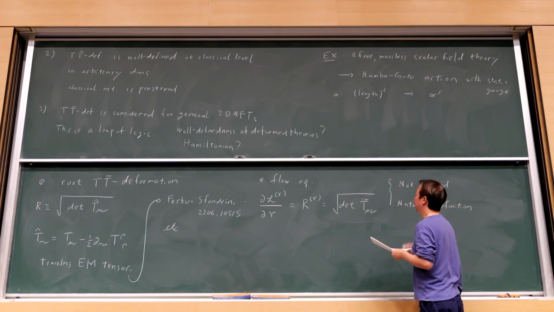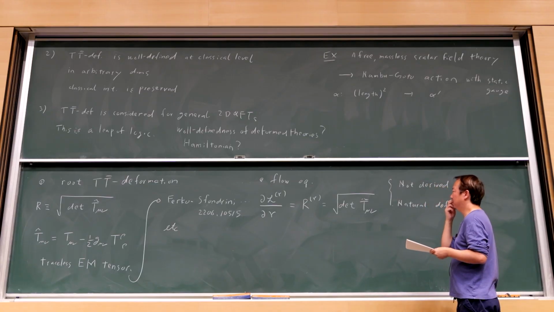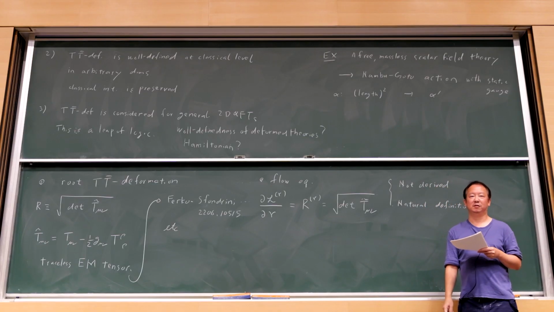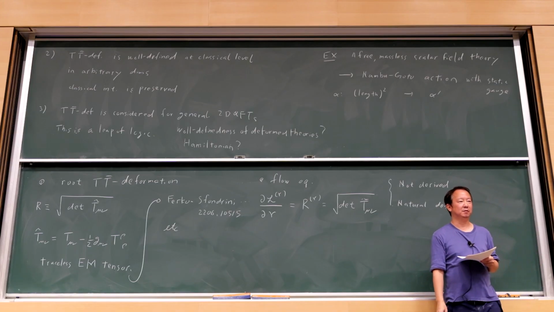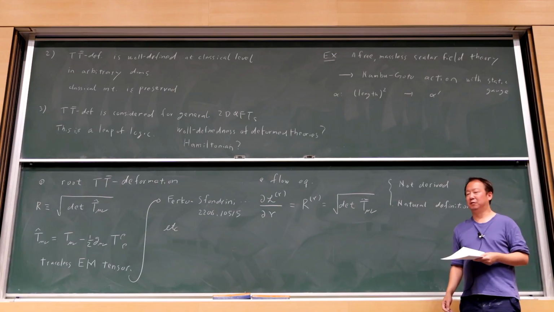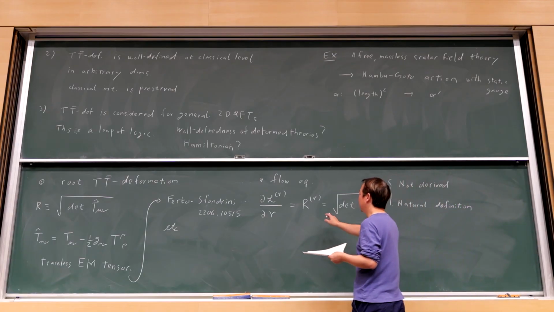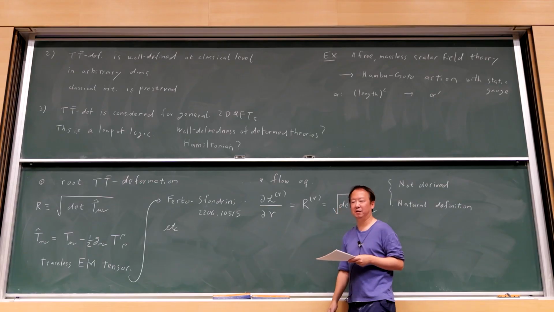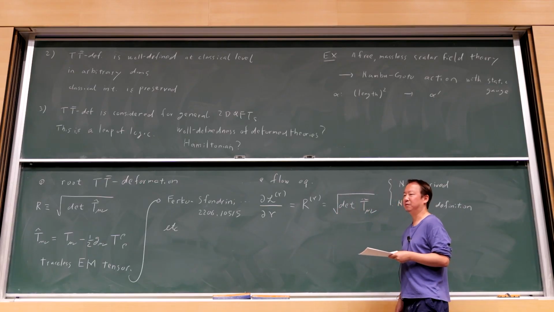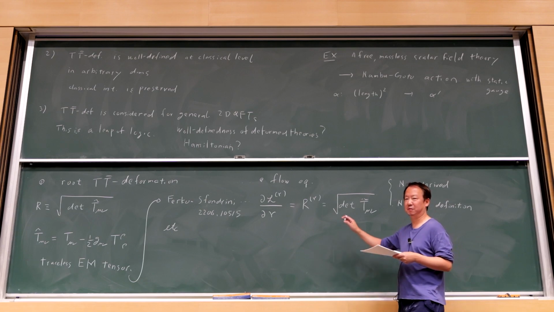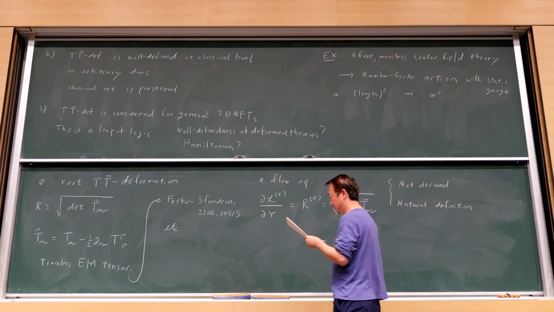That's why this root TT bar flow equation is not directly related to the CDD factors or the quantum perspective. This root TT bar flow equation is well defined at the classical level, of course, but we are not so sure about the quantum description of these root TT bar deformations.